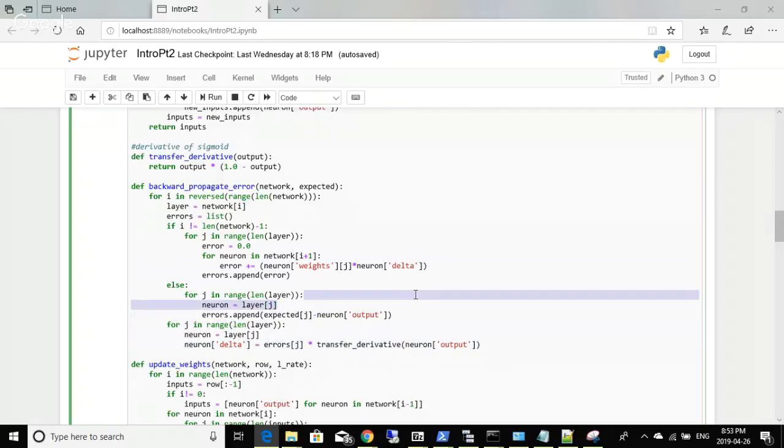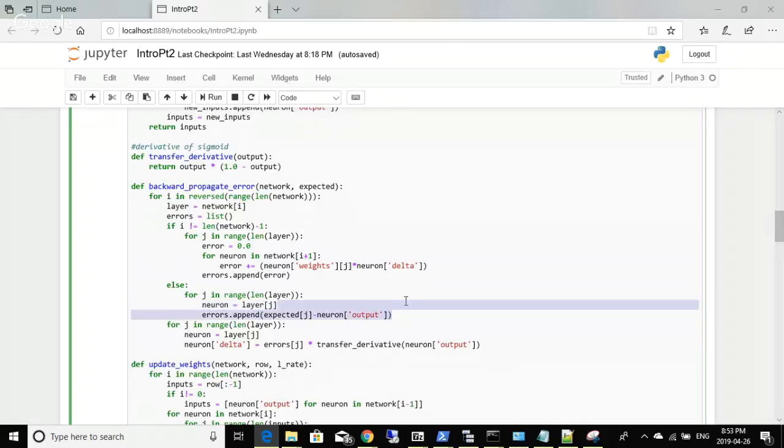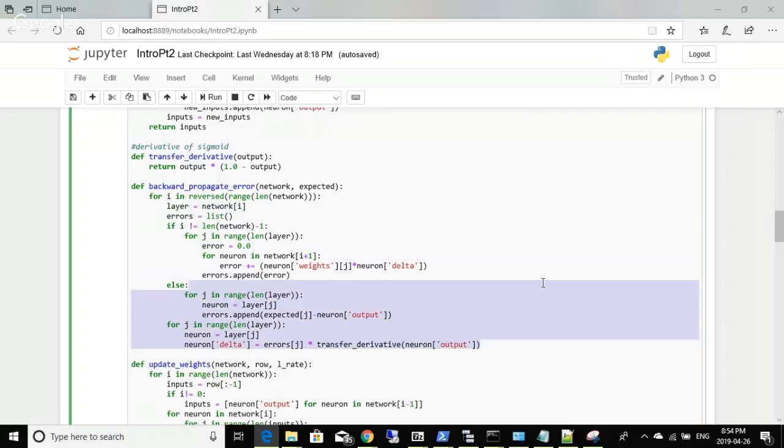If you are the last, sorry, I thought this was a loop. If you are the input, this is the input layer. Start setting up the errors. Otherwise, you start setting the errors to be the weight times the delta, which was the previous errors, and the delta. Let me derive this, the error and the derivative rate of change here.